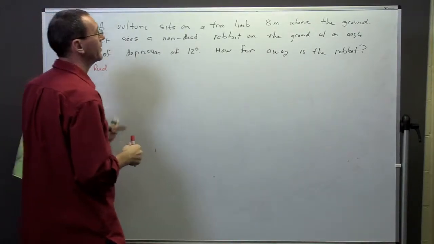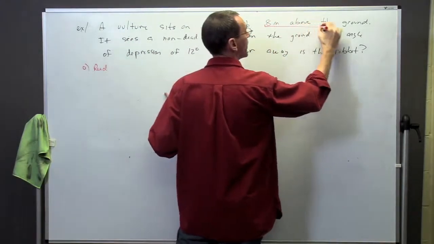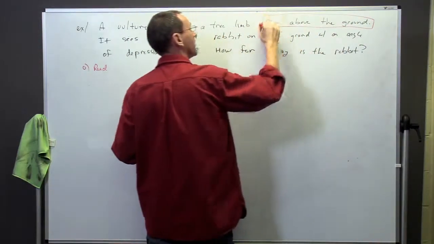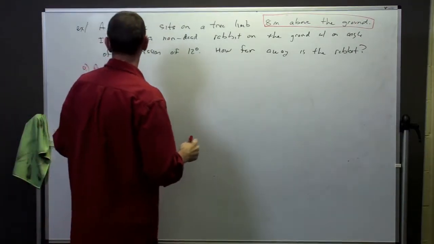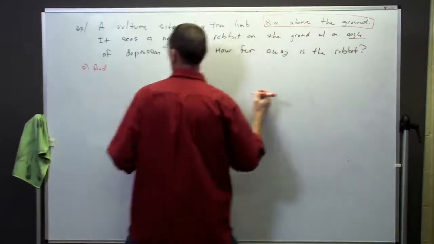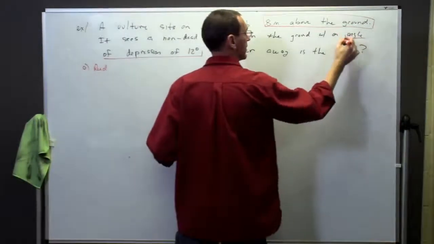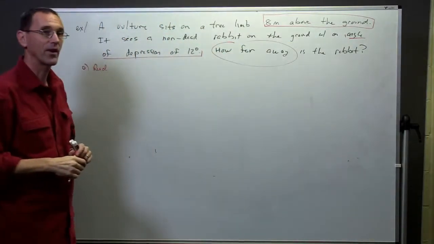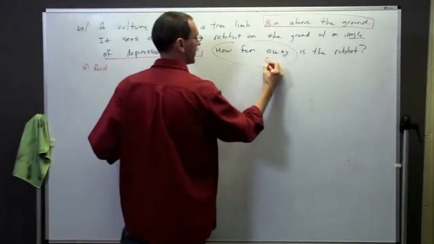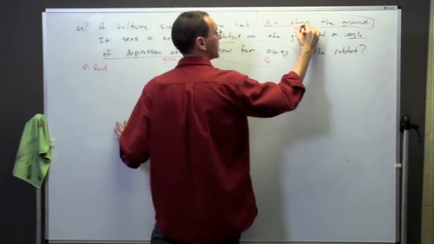We don't really care what this thing is or where it's at, but we do care that it's 8 meters above the ground, and it has an angle of depression of 12 degrees. And we want to know how far away it is.